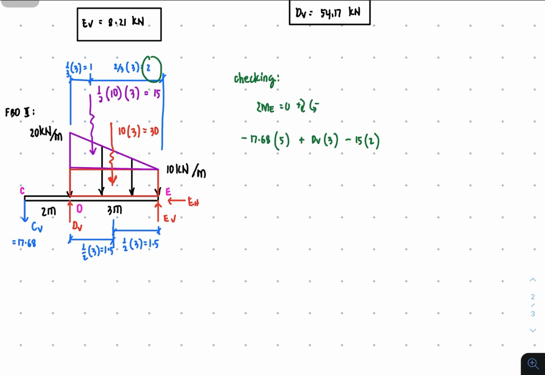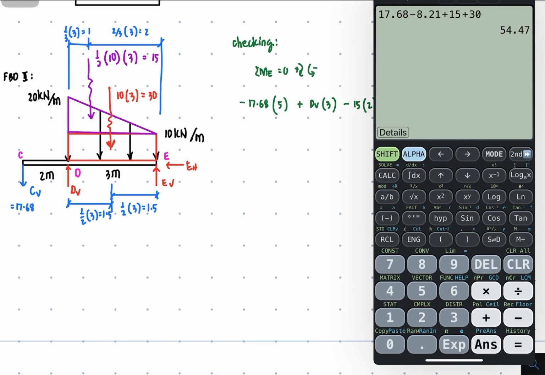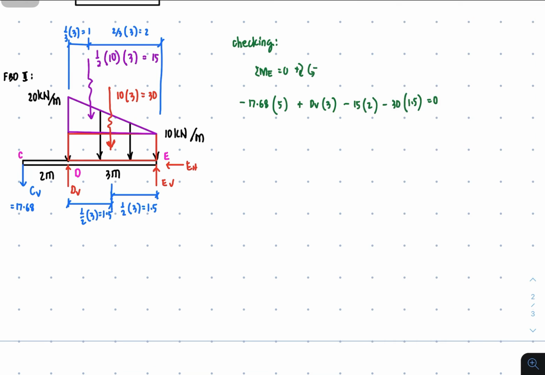Then for 30, it's downward, and it's going to rotate counterclockwise about point E. It's negative 30 times 1.5. What else? No more. Equal to 0. So you substitute DV, by the way.